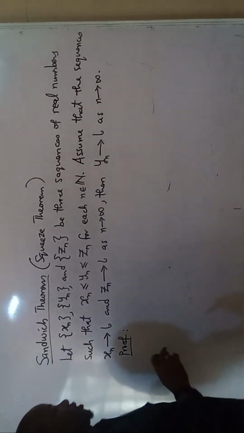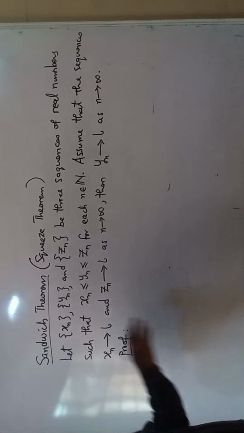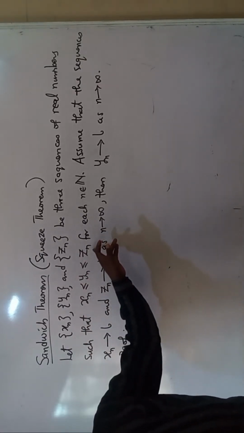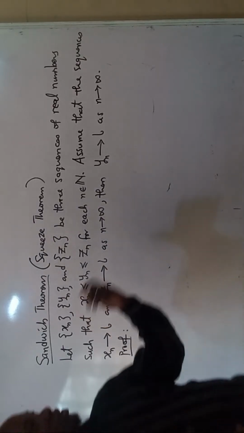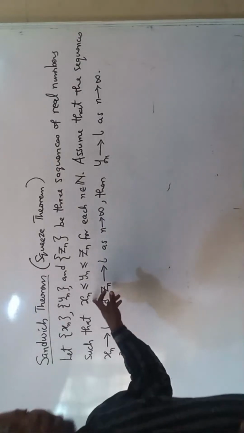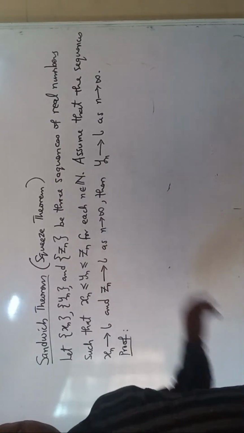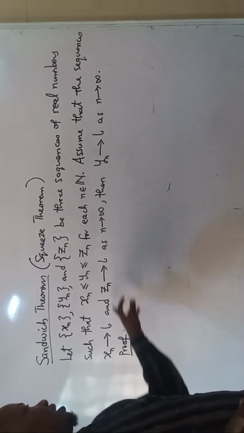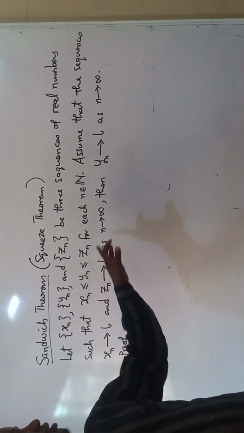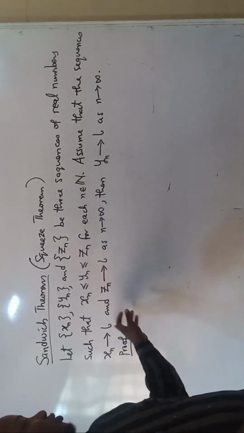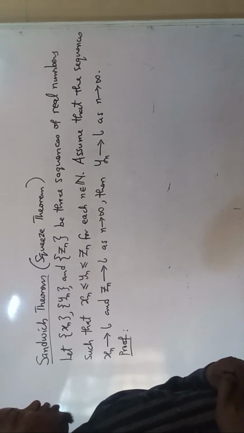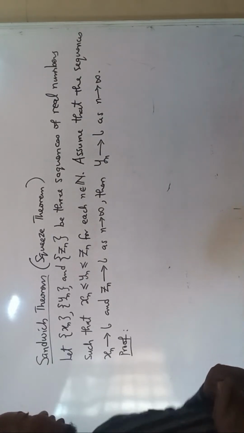From what we have here, there are three sequences and they are related by this. All the information we have at hand is that the two outer sequences are convergent and their limit is L. Based on the judgment on these two, we can say yn, being the sandwiched sequence, is also convergent.